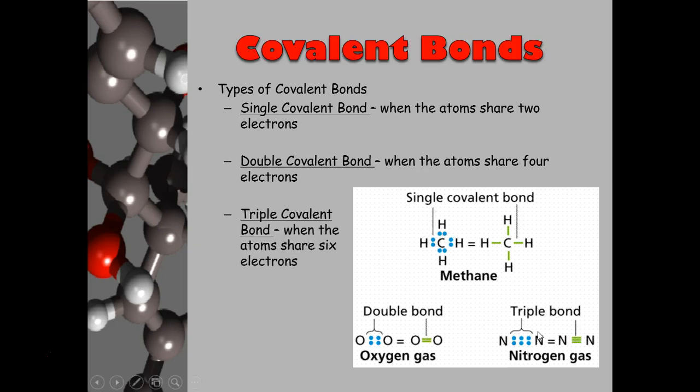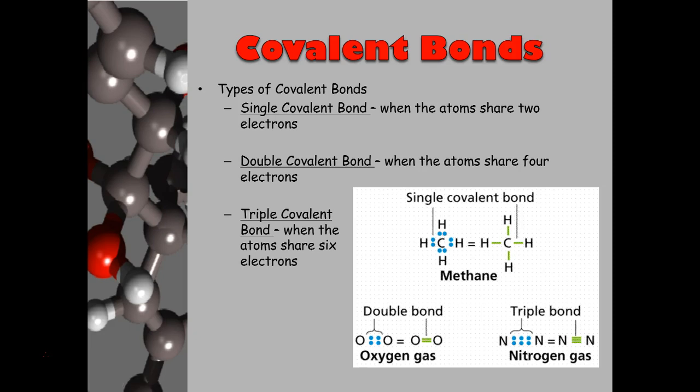Or I can actually have up to a triple bond, which is what's going on here in this nitrogen model. So these 3 electrons came from this nitrogen, the other 3 are coming from here. I've got 3 total lines now, and so we're sharing a total of 6 electrons.